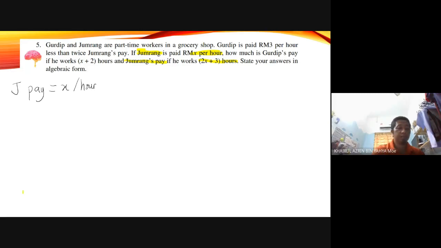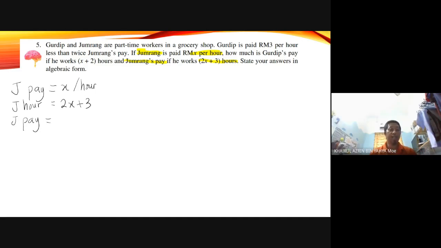Let me jot down the information now. Jumrang's hours are given as 2x plus 3. From here, we can find the exact money that Jumrang will get.